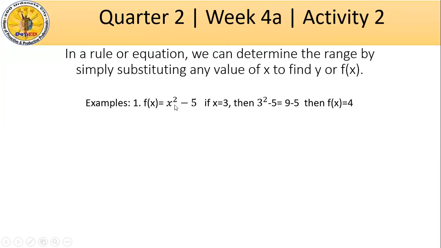If we assign 3 as the value for x, 3 times 3 is 9, minus 5 is equal to 4. If we assign 0 as the value for x, 0 times 0 is 0, minus 5 is equal to -5.